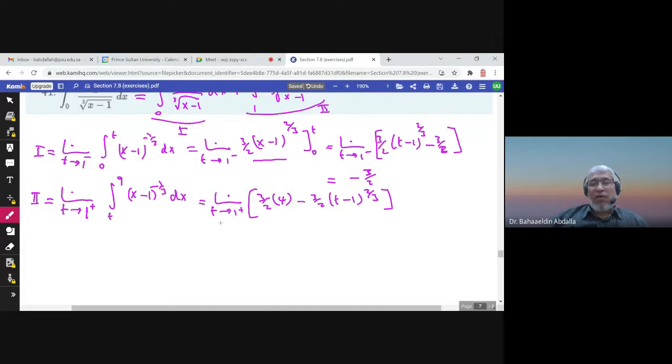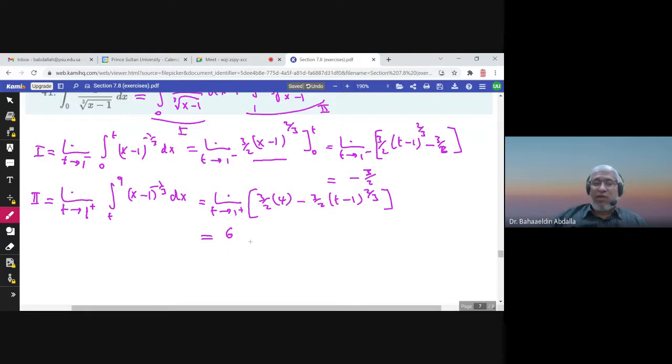And now if I replace t by 1, I will get 12 over 2, which is 6. So this is the second integral and this is the first integral.